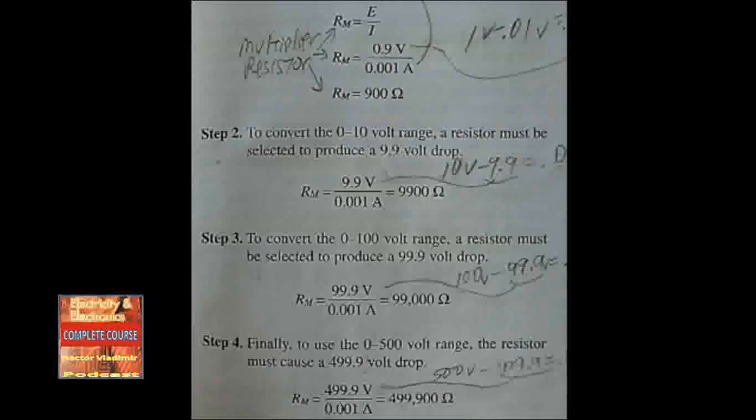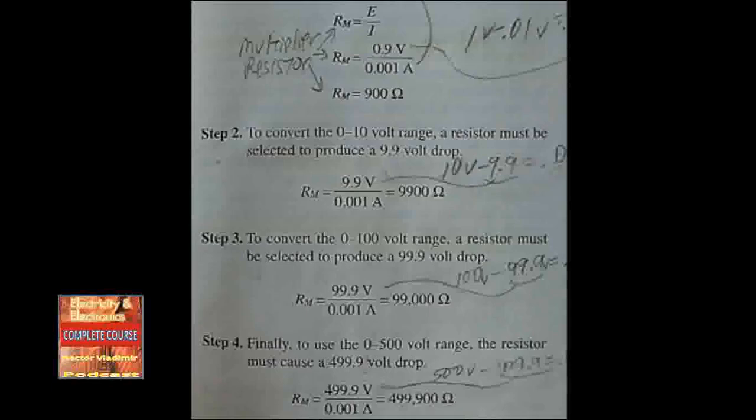Step 2. To convert to the 0 to 10 volts range, a resistor must be selected to produce a 9.9 volt drop. So the resistor multiplier using Ohm's law equals 9.9 volts divided by 0.001 amp, which is equal to 9,900 ohms. Step 3.